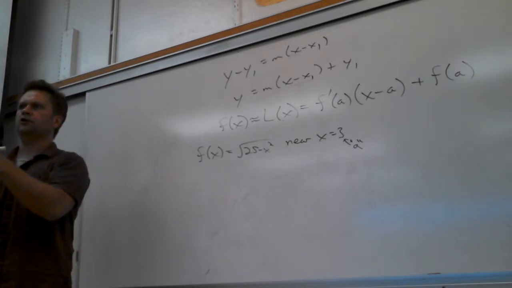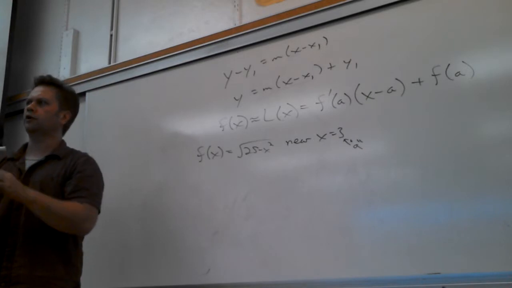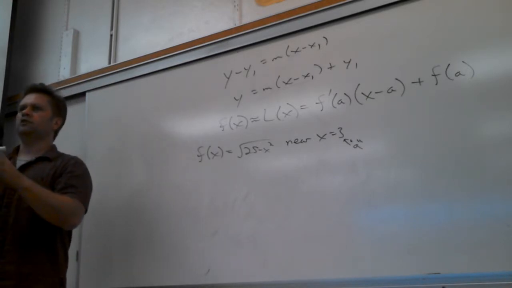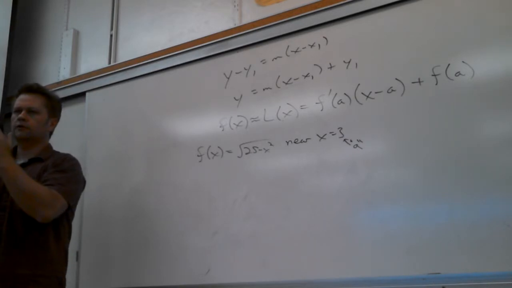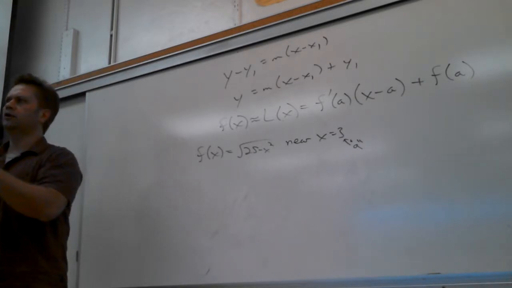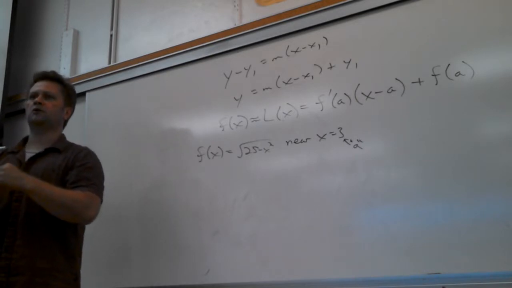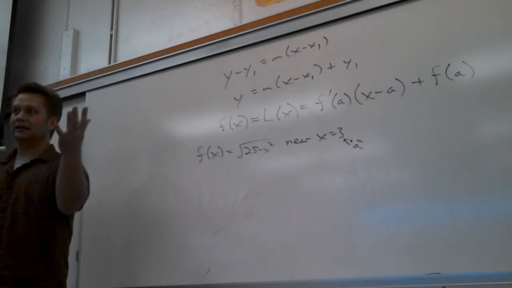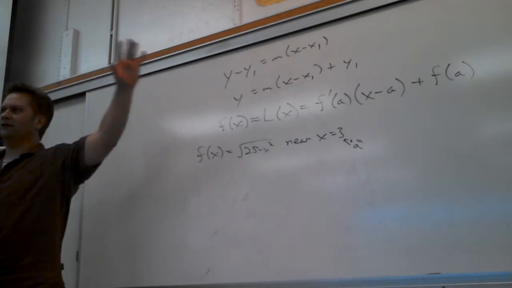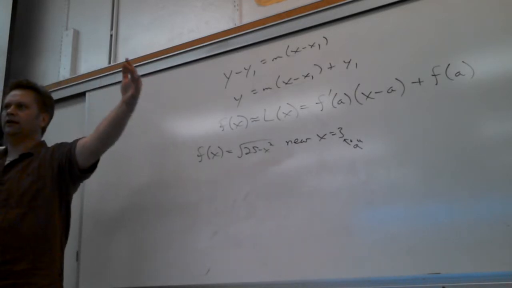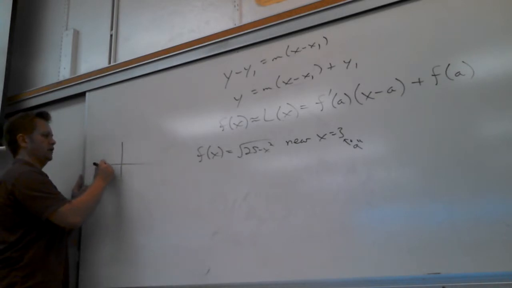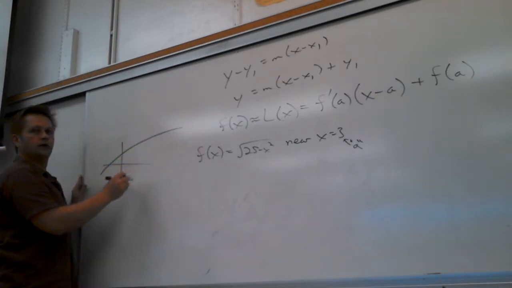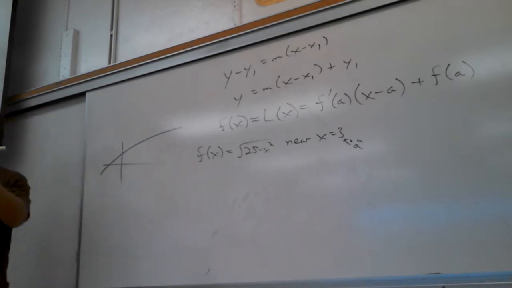Now, what kind of function would this not really work well for? Let me try this other way. What kind of function would this work perfectly for? A line. Yay! Its linearization is itself. It works for negative infinity to infinity. If I had something that's not really sloping very much, a linearization of this is going to work beautifully. It's going to work for quite a long time, right?